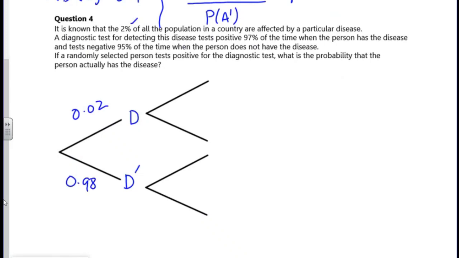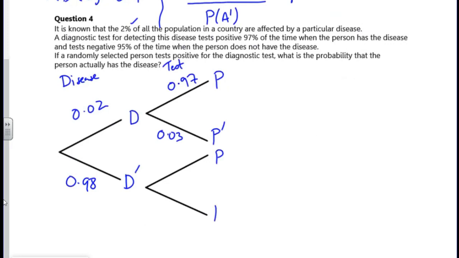A diagnostic test for detecting the disease tests positive 97% of the time when they have the disease. So it tests positive 0.97. This bit here is the disease. This bit here is the test. So that'd be 0.03 not positive.